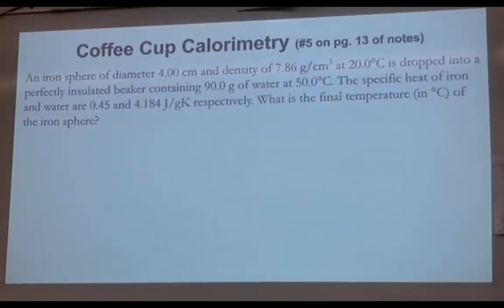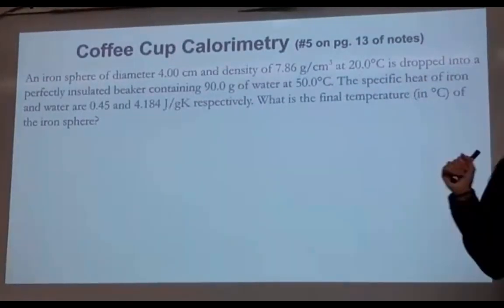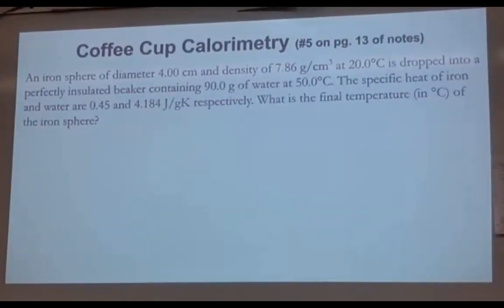All right, so I want to go through one more example together. This is number 5 on page 13. So this is part of the calorimetry practice, but I wanted to go through it together because it asks for final temperature. It also is a little tricky when it comes to finding the mass. And so I wanted to go through this, and then you'll have time just to move around to work together to practice.